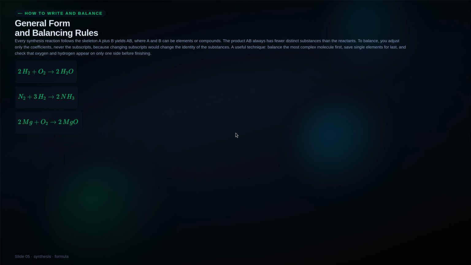Common examples include 2 hydrogen molecules plus 1 oxygen molecule yielding 2 water molecules. Notice that the diatomic elements on the left, hydrogen and oxygen, combine to form the compound water. In every synthesis reaction, the number of distinct products on the right side of the equation is exactly 1, no matter how many reactants you start with on the left.